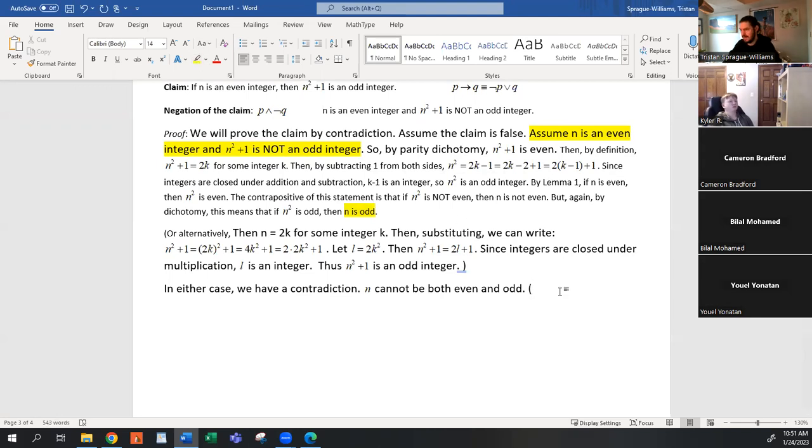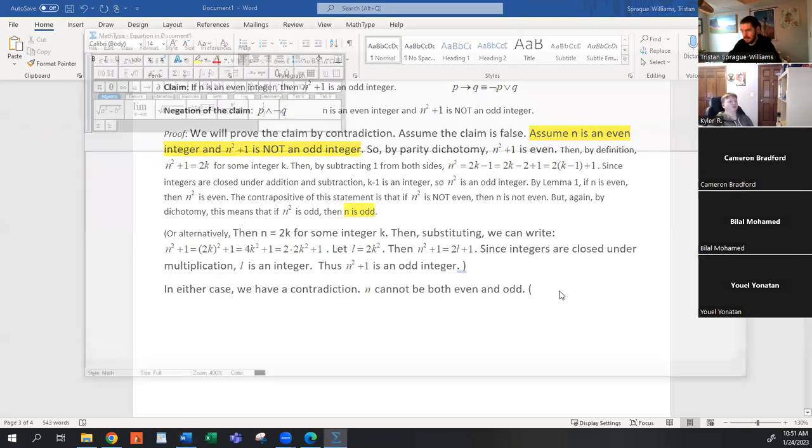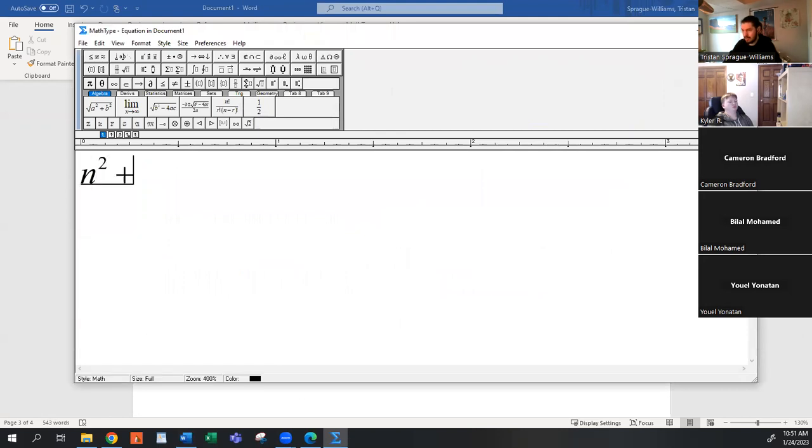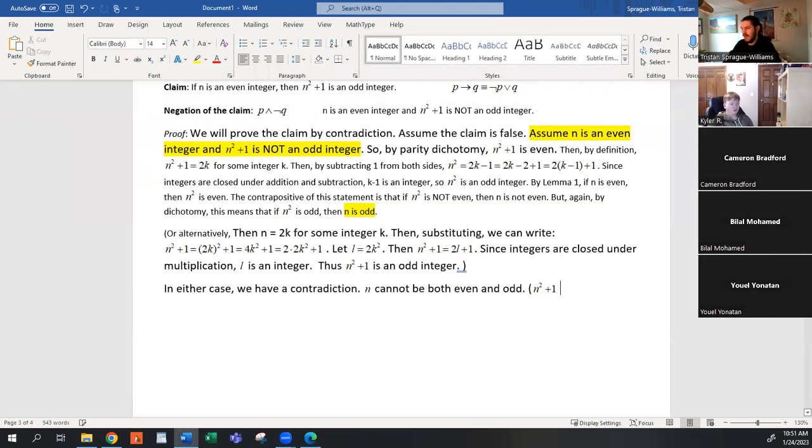Or alternatively, looking at the parenthetical version of this, n squared plus 1 cannot be both odd and even, right? We started by saying that it must be even, and this argument showed that it's odd, right?